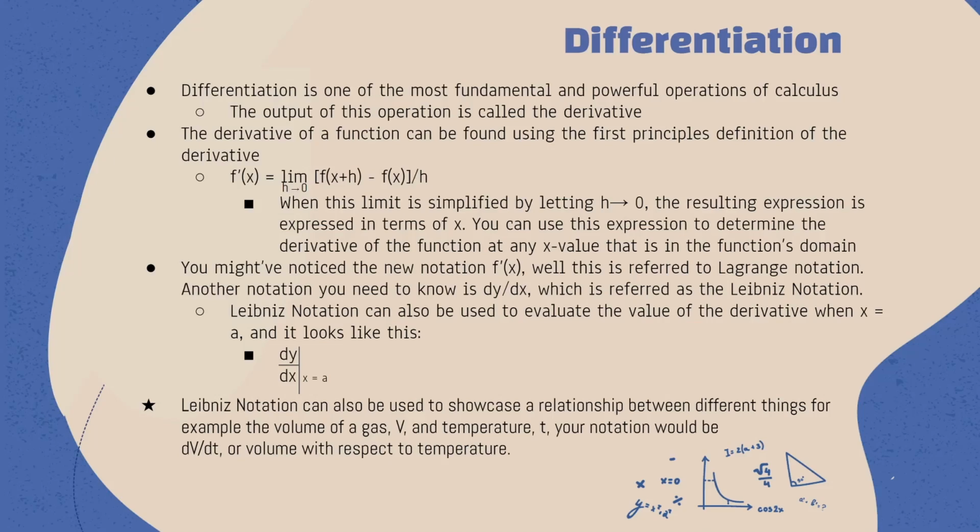So again, just to explain what I mean, we're just going to let f of x be something. So let it be x. Then we'll substitute into the equation here, right? So we have the limit as h approaches 0 of x plus h minus x, divided by h.